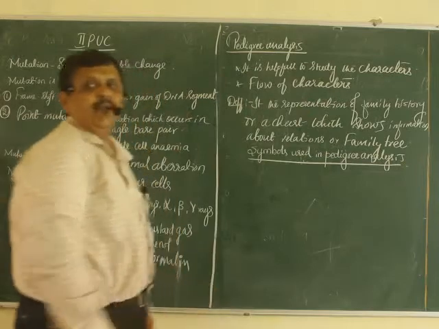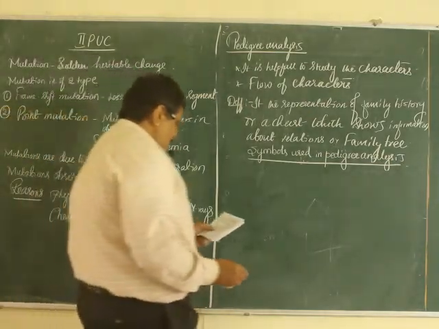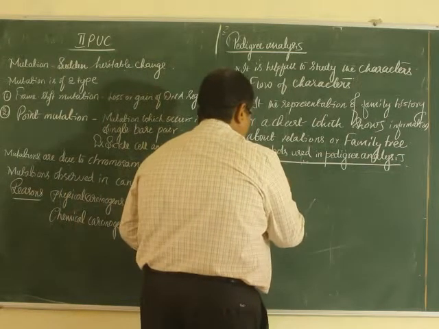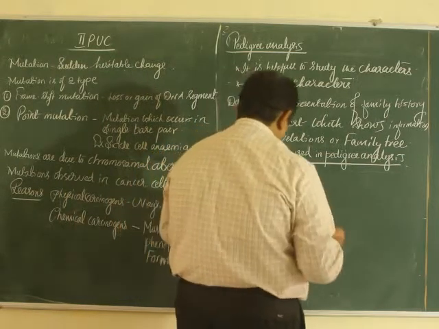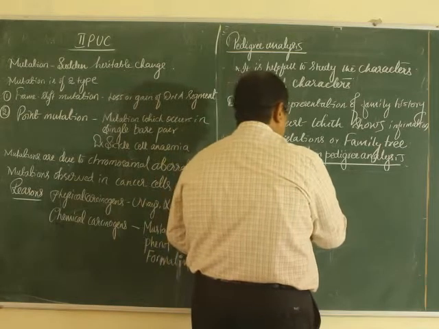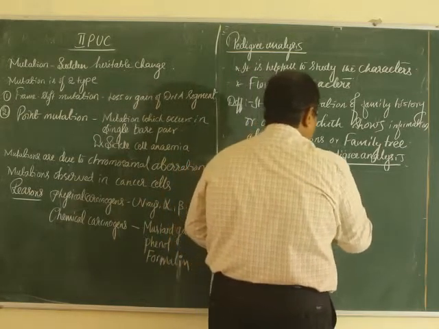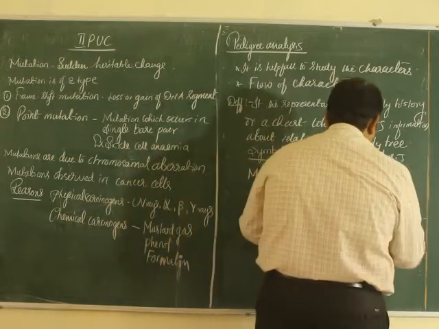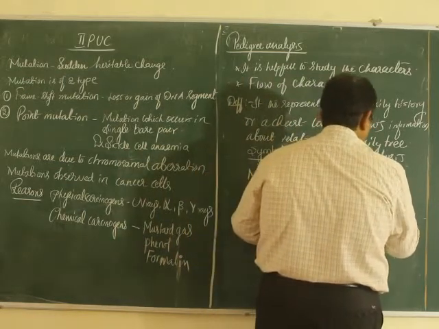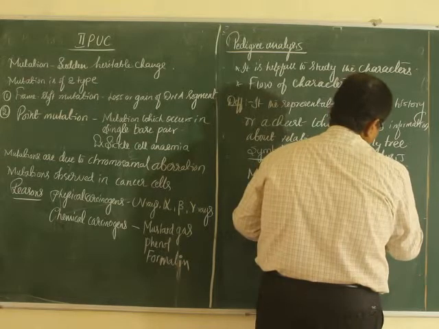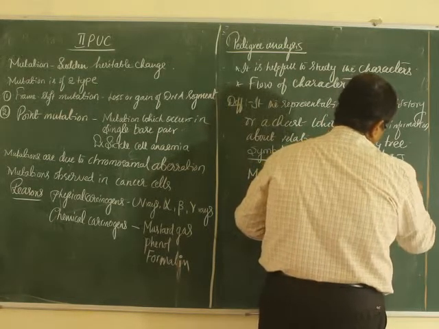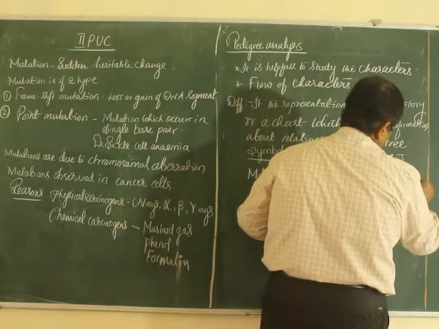Symbols used in pedigree analysis: male is represented as a square; female is represented as a circle; sex unspecified is represented like this.